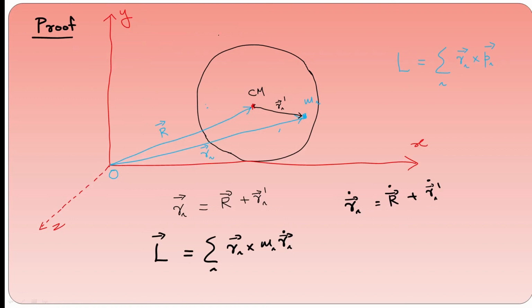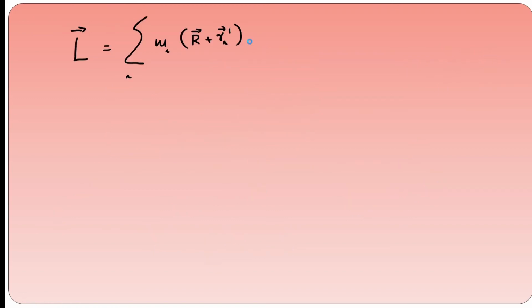We have L equal to summation over i of Mi, and in place of Ri, R plus Ri prime, then cross R dot plus Ri prime dot.